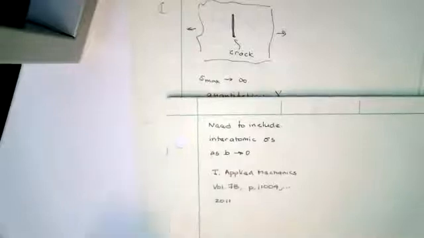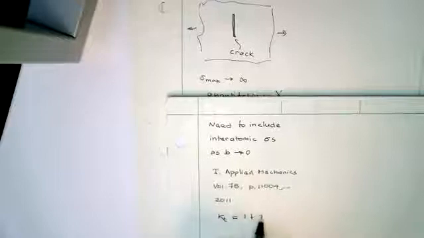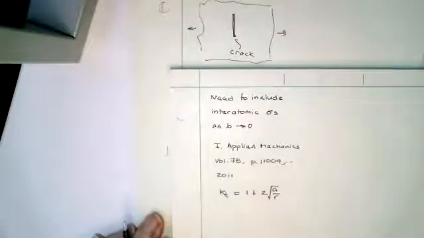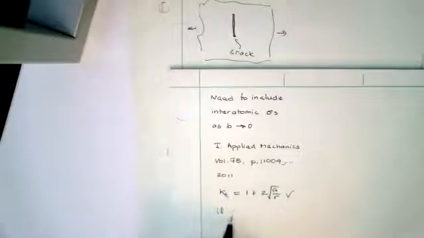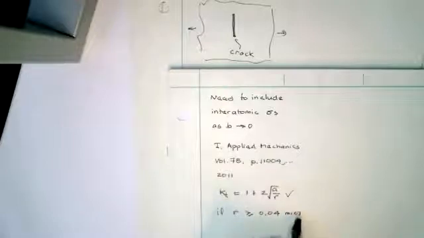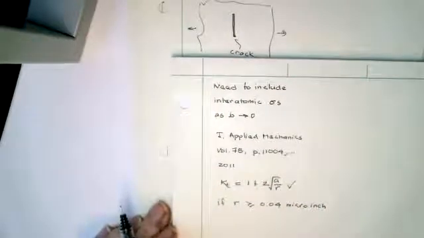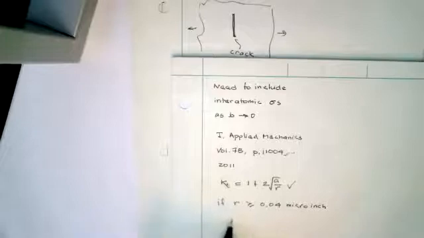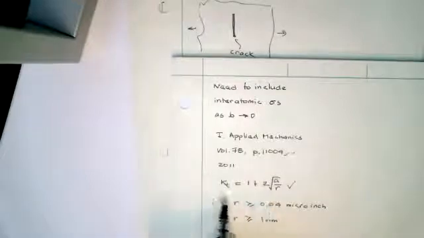What you find as a result is that KT does still equal the same formula until you get to very small radii. This is true if the radius is greater than 0.04 microinches, or even simpler, 1 nanometer. So you can use this formula.